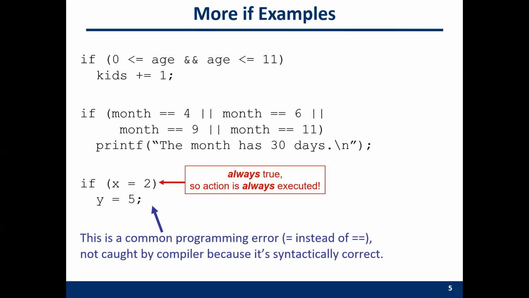They evaluate whether it is true or not. If you want to evaluate for this, it is always true. So you can replace this by one. In that way, this action is always executed.